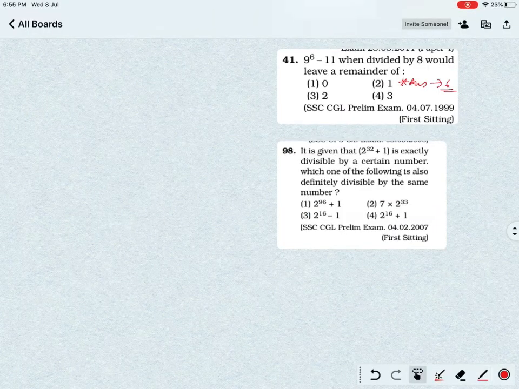Okay. Now the question is: it is given that 2 to the power 32 plus 1 is exactly divisible by a certain number. You have to find that number.